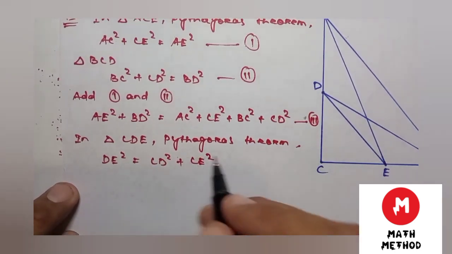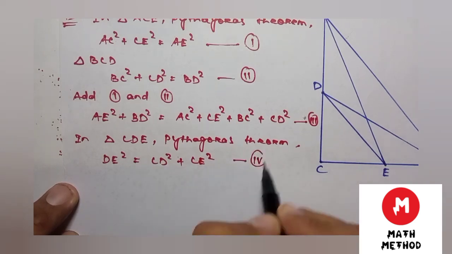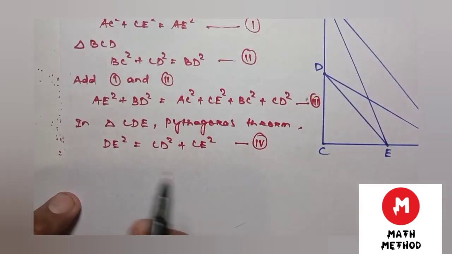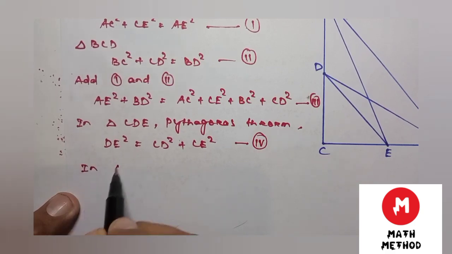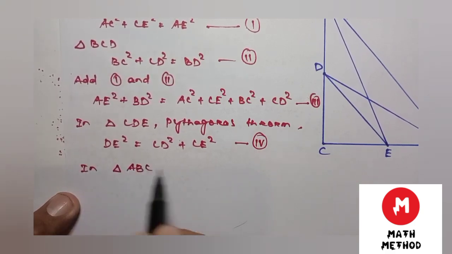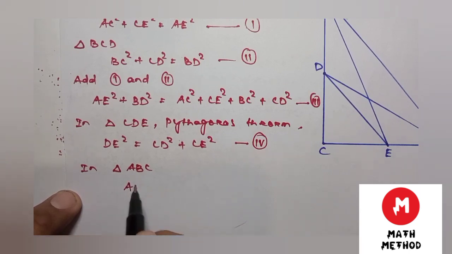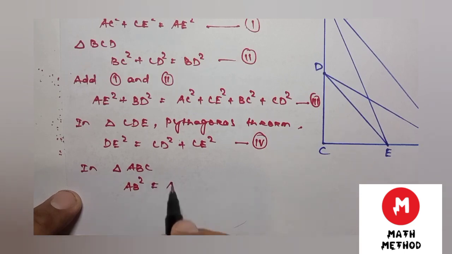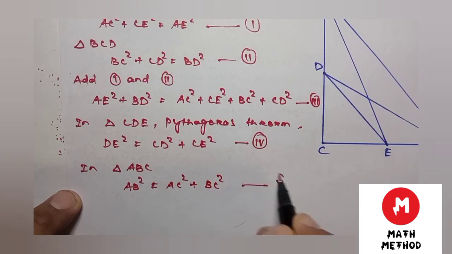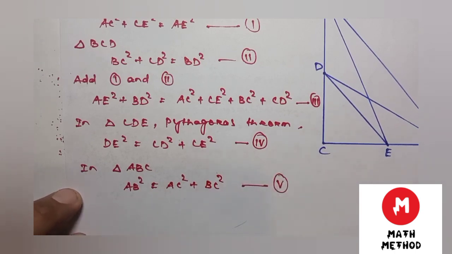Clear? This is our equation number 4. Similarly, now in triangle ABC, again by Pythagoras theorem we will get AB square is equal to AC square plus BC square. This is our equation number 5.